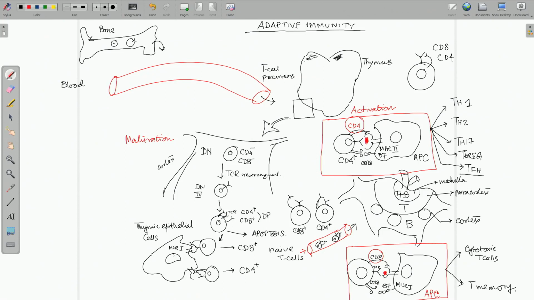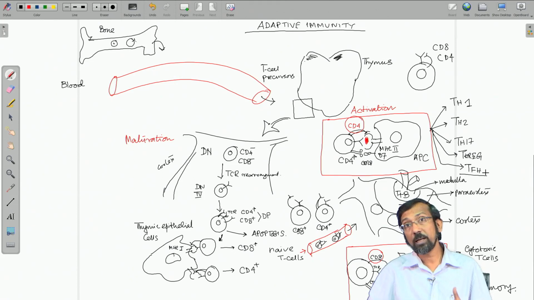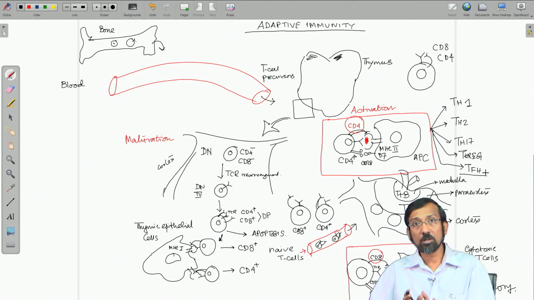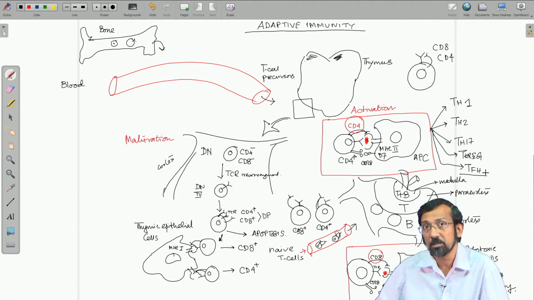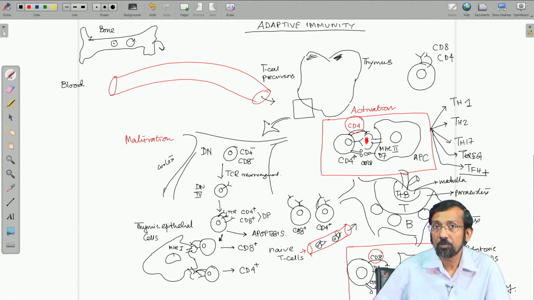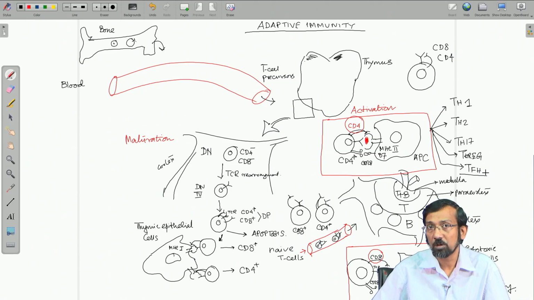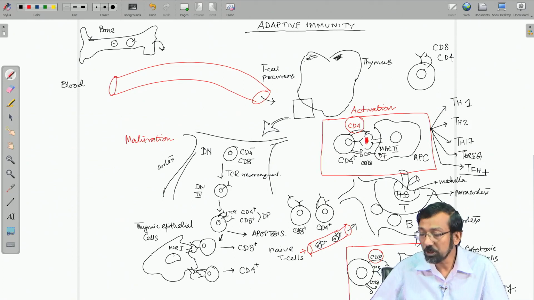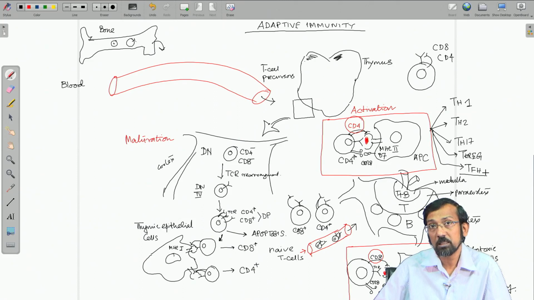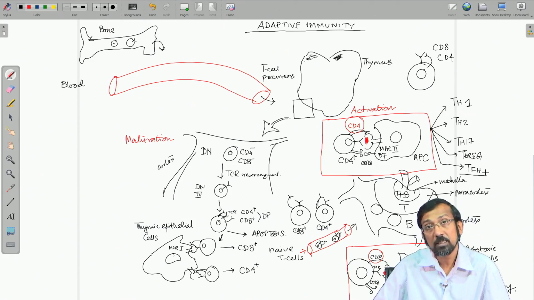These TFH cells and also the other T helper cells are required for helping in the activation of the B cell. So, they are also required in the humoral part of the immunity. They are not really the effector T cells. The effector T cells, which actually perform the cell mediated immunity, are the Th1 and the Th2 cells and the cytotoxic T cells.